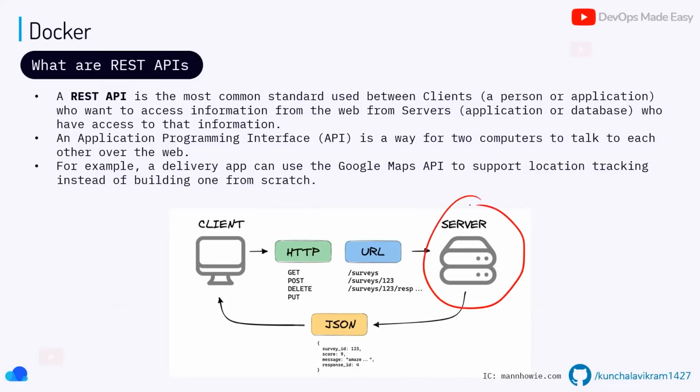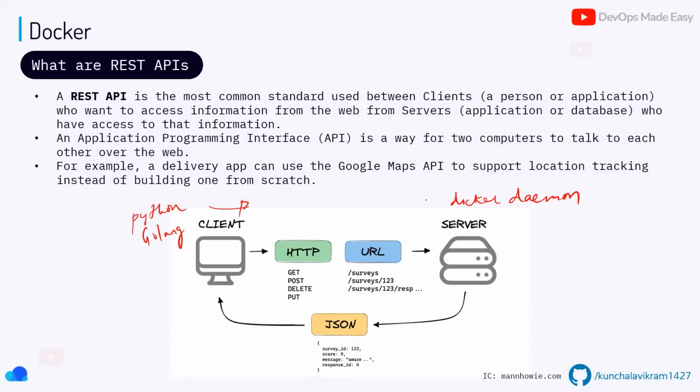So if you have a server and a client tool, the server can listen to the client's instructions over APIs. Correct? Which means APIs are meant for the server. Servers expose some APIs. So let's say this is a Docker daemon. Docker daemon has certain APIs which client tools like Docker CLI, or some automation scripts using Python or Golang, can use to talk to the daemon.